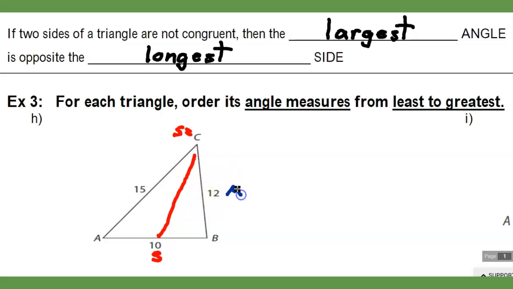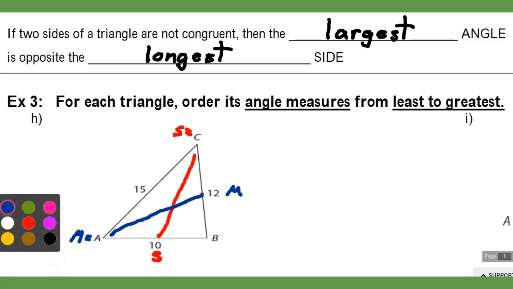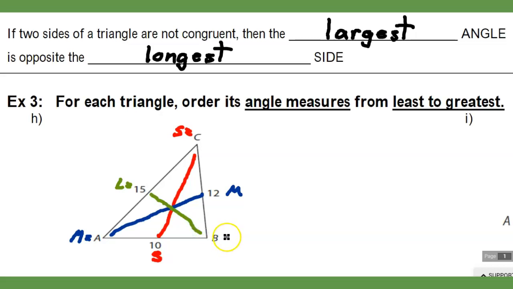So this is the medium. Across from or opposite of 12 is angle A. So angle A is in the middle or the medium. And lastly, we have the largest side, which is 15. So across from 15, opposite of 15 is angle B, which would be the largest angle.